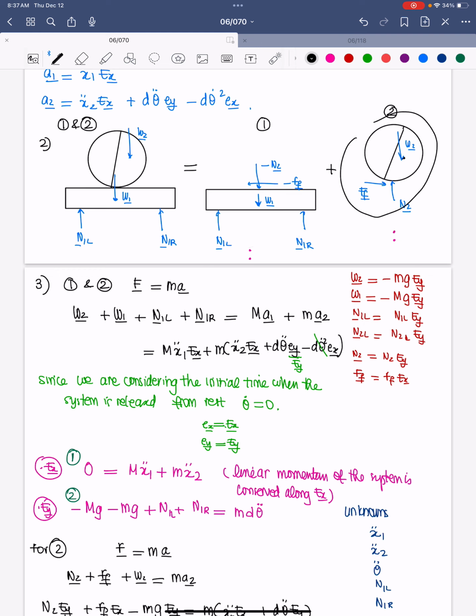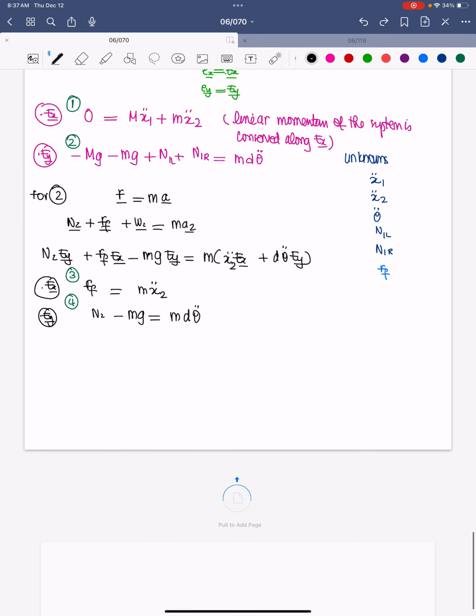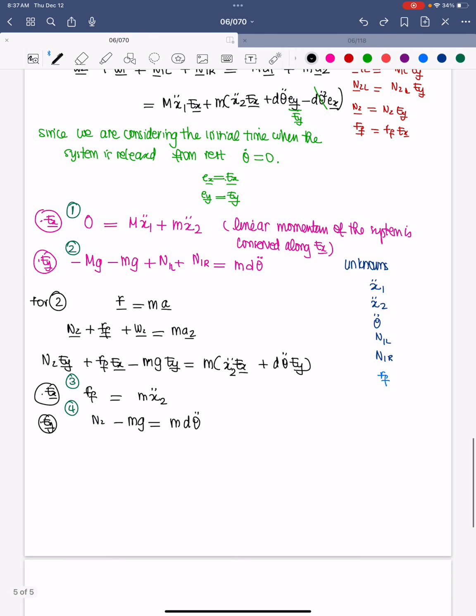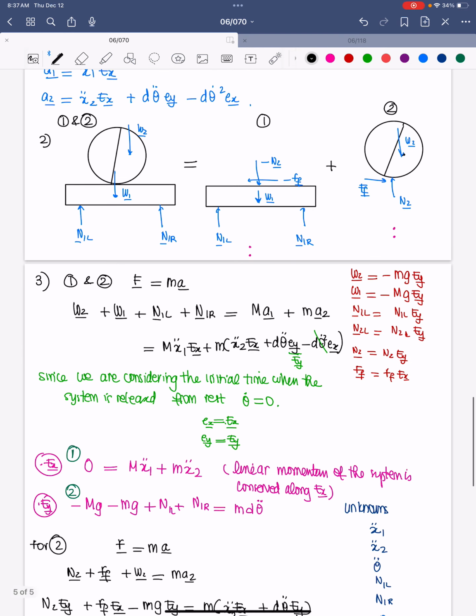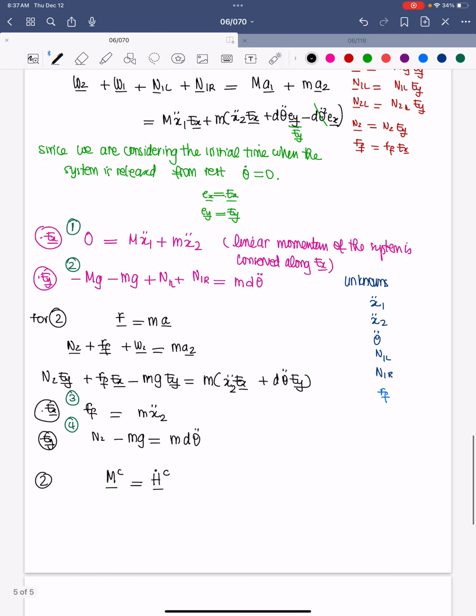Let us see. For this, if we sum the moments about the center of mass, so for 2 also, M_C is equal to H dot C. Okay, the moments about the center of mass C: the moment of the weight about the center of mass is 0, but N2 and the friction force have moments about the center of mass.